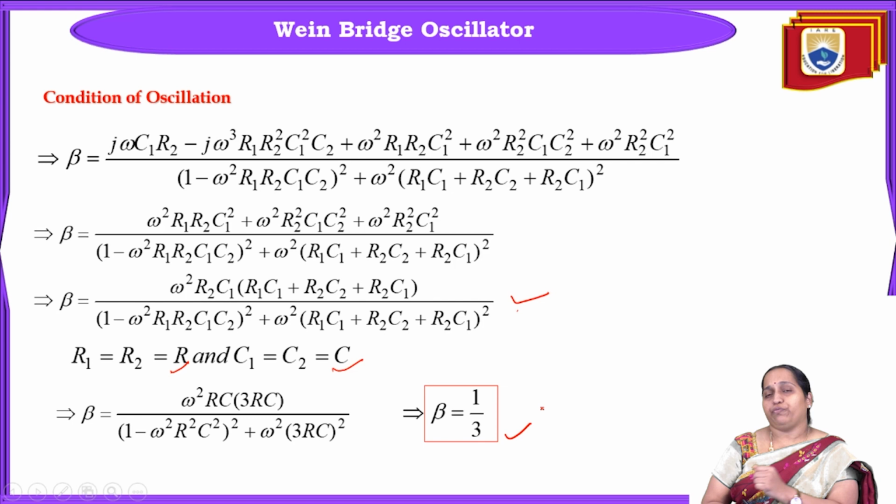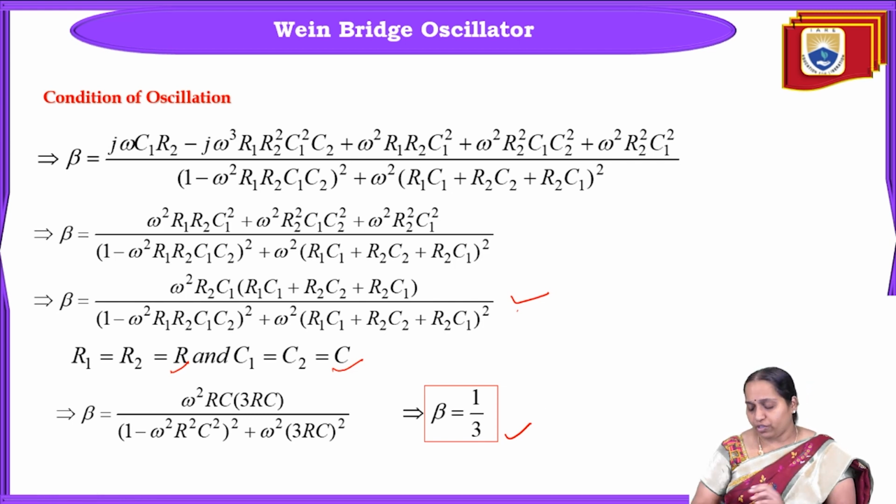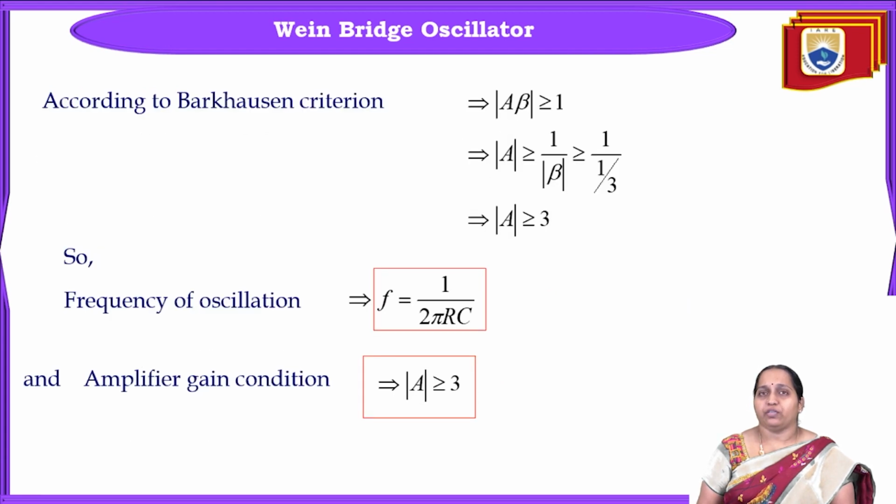So if you want to have sustained oscillations using Wein bridge oscillator, it is required to have value of beta equal to 1 by 3. And according to Barkhausen criteria, modulus of A beta is greater than or equal to 1. So modulus of A is greater than or equal to 1 by beta, and beta value is at least equal to 1 by 3.